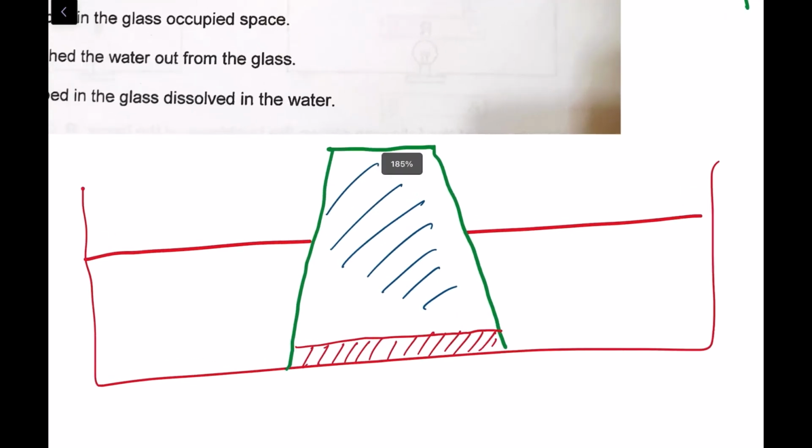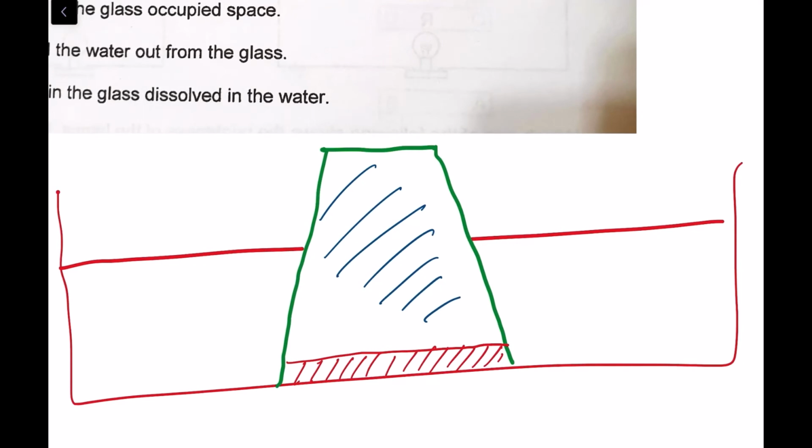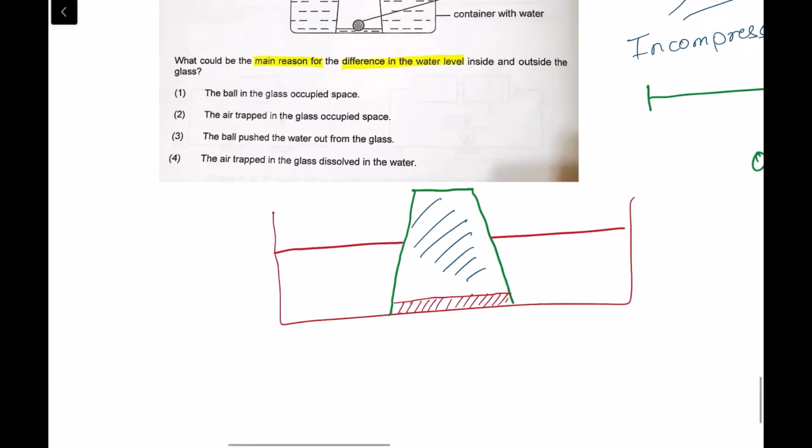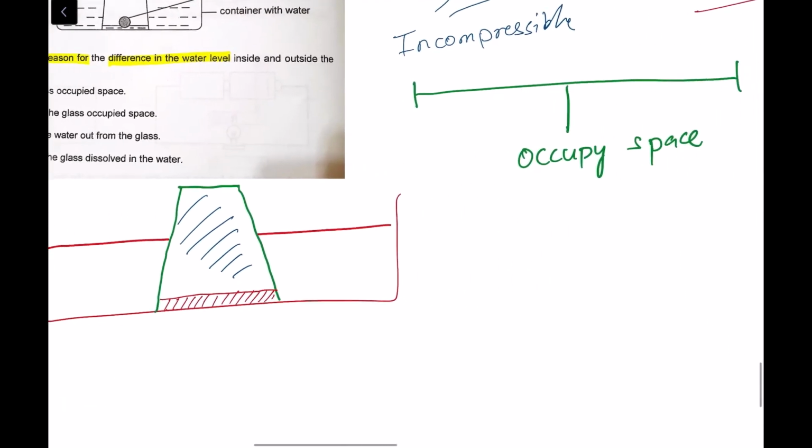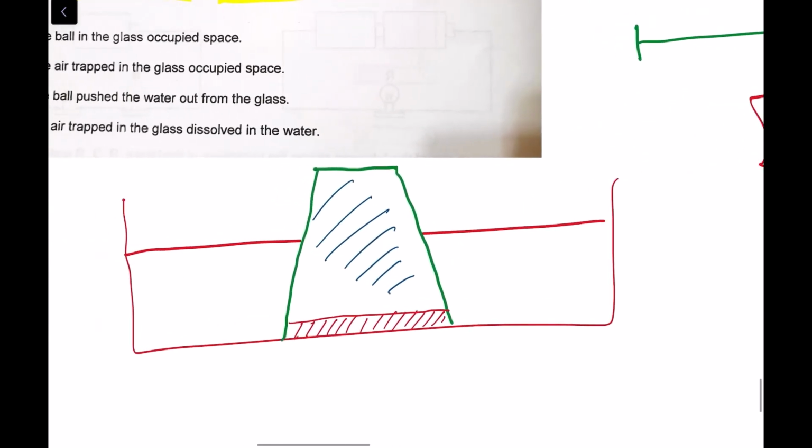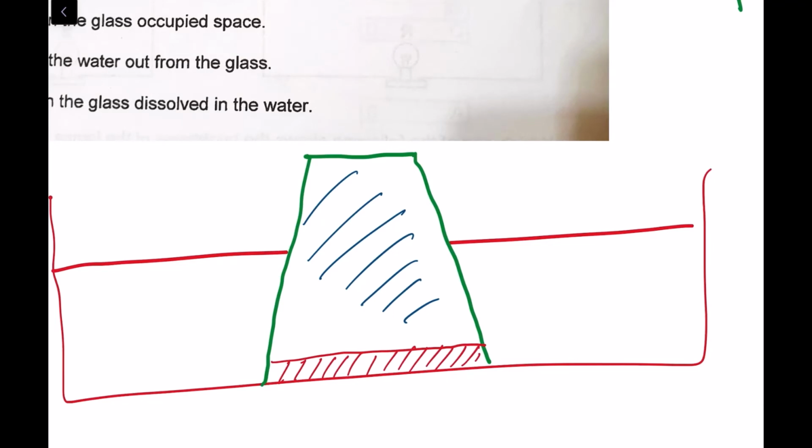And another point to note is that there is no outlet, or there is no hole to allow this gas to escape. So we also stated over here that all matter occupies space. Since there is no outlet for this air to escape, and this air can no longer be compressed any further, the water level inside this glass would not be able to increase any further beyond this level.